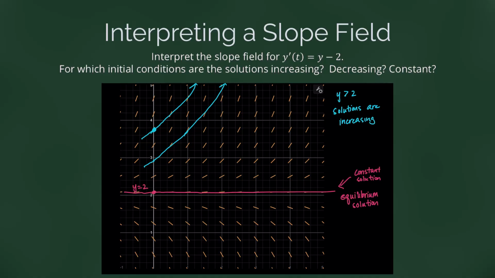Similarly, if we go down below the axis and we pick some initial condition, so here we have y is about a little less than negative 1/2, and we track that solution, we're going to get a curve that looks something like that. And so for y less than 2, we have decreasing solutions.